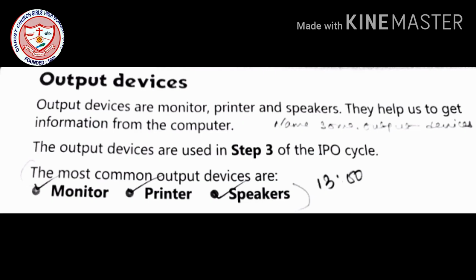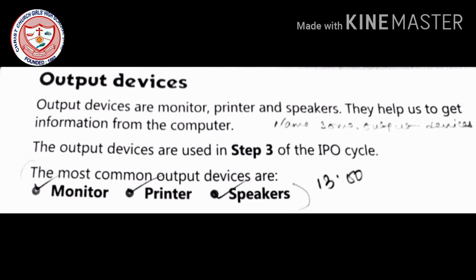Output devices are monitor, printer and speakers. They help us to get information from the computer.